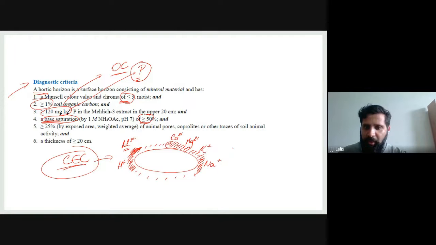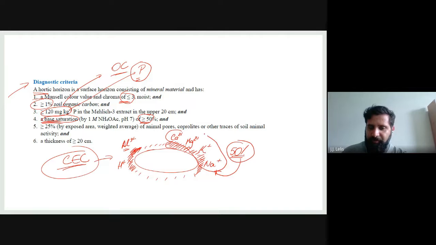If more than half of these charges neutralize bases, I have a high base saturation, because it means that at least half of these charges are neutralized by bases, by nutrients.